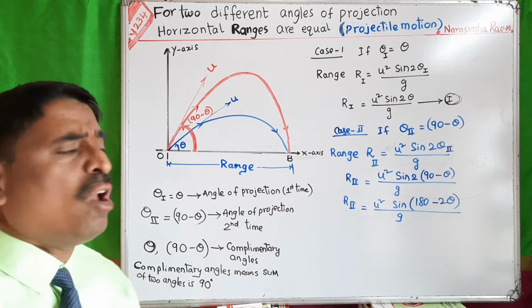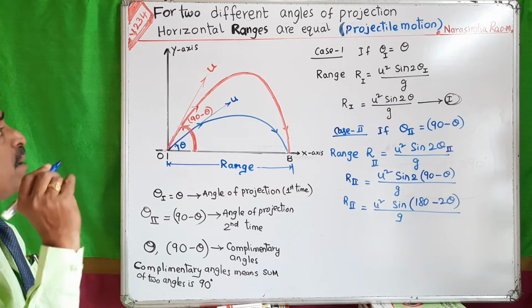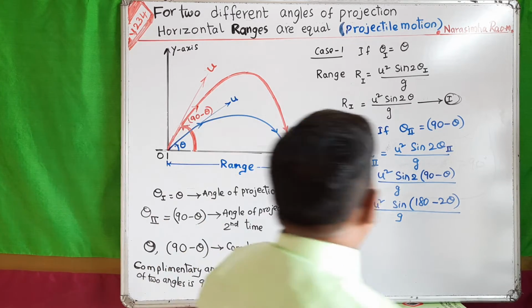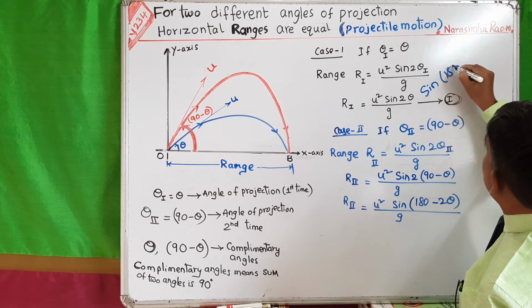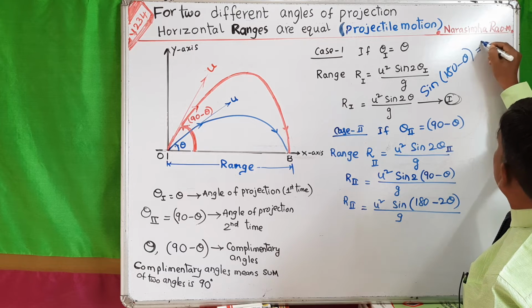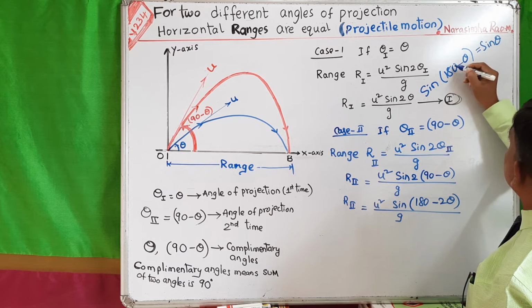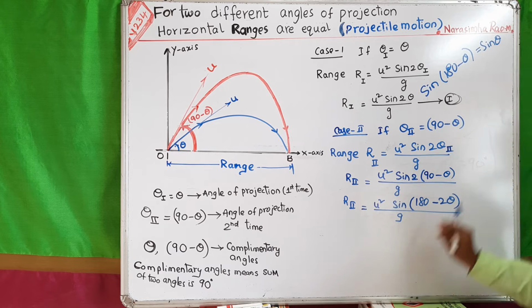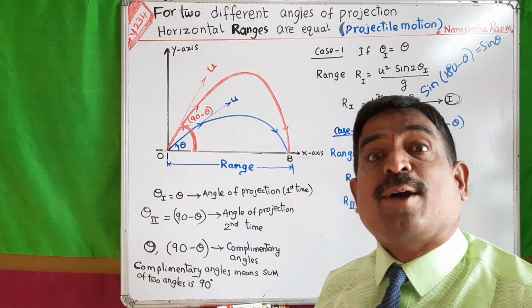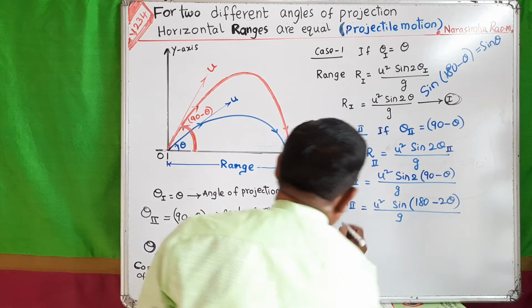Now, you know one formula in mathematics: sine of 180 minus theta is equal to sine theta. Sine of 180 minus 2 theta is equal to sine 2 theta.